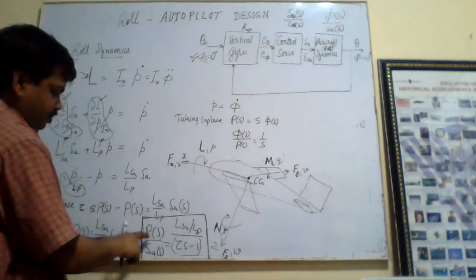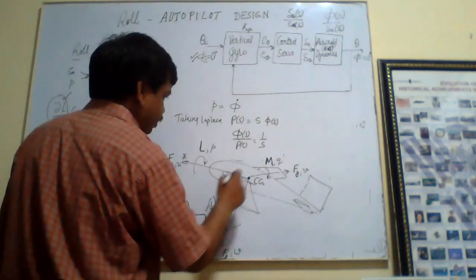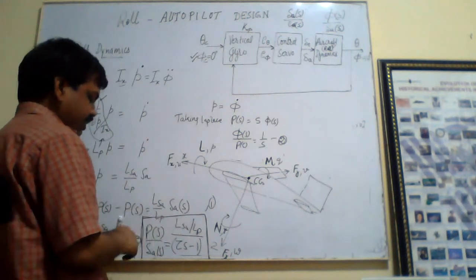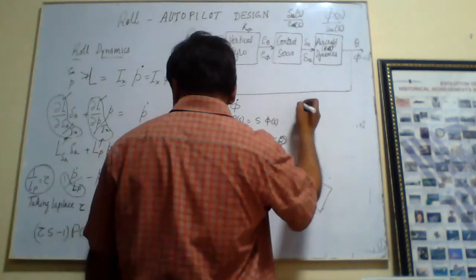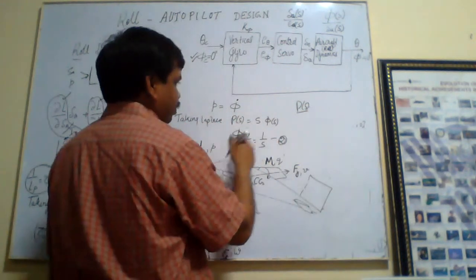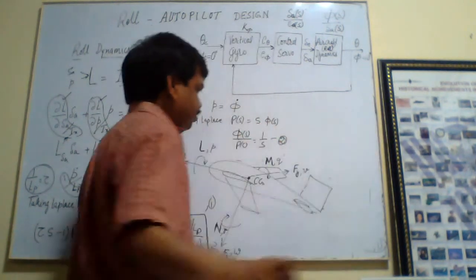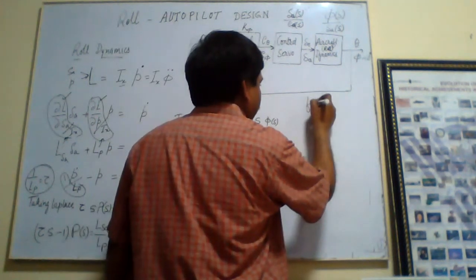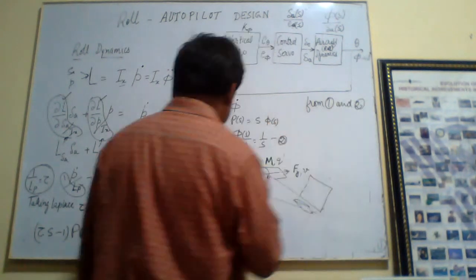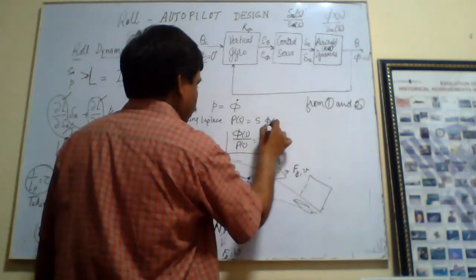Now here I have P of s over del A of s. So from 1 and 2, if I multiply the left-hand side and right-hand side terms, this is from 1 and this is from 2.